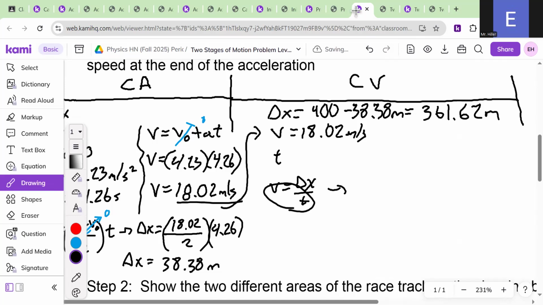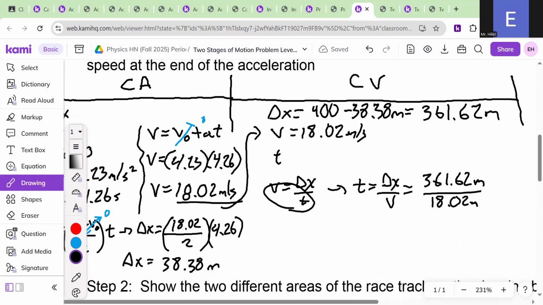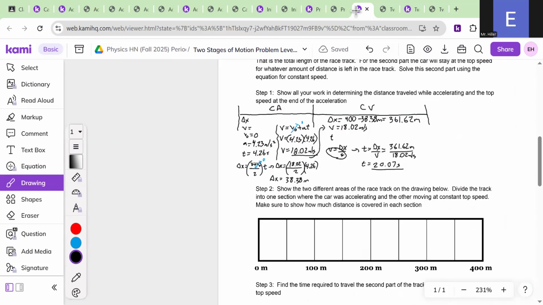So flip them: t equals delta x over velocity. It's 361.62 meters over 18.02 meters per second, and the time for the constant velocity portion is about 20.07 seconds.